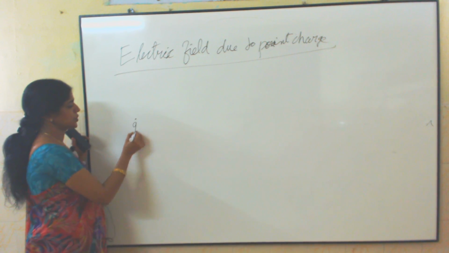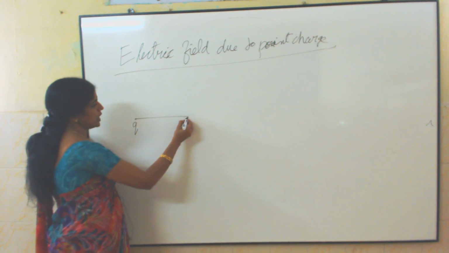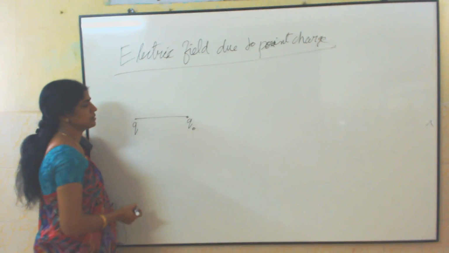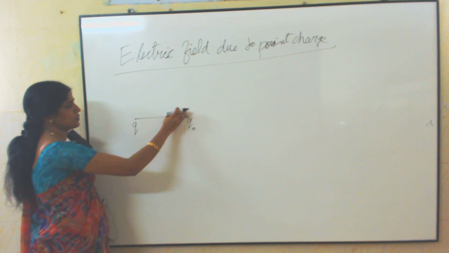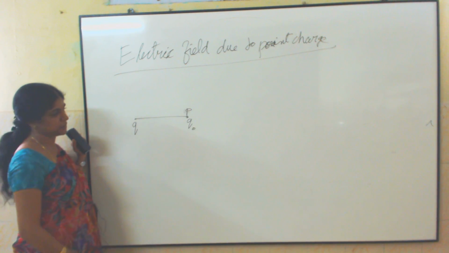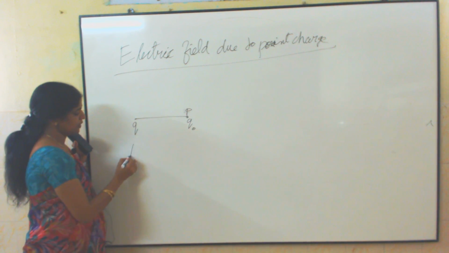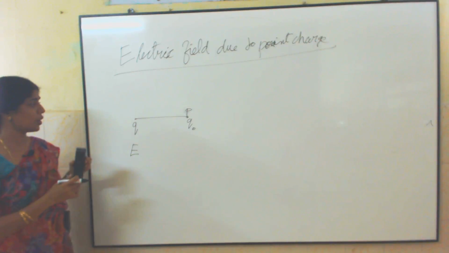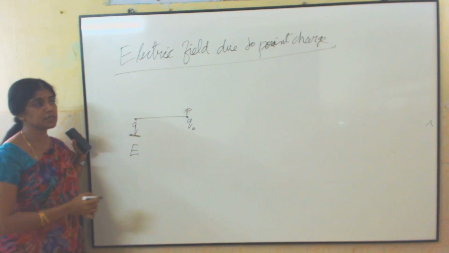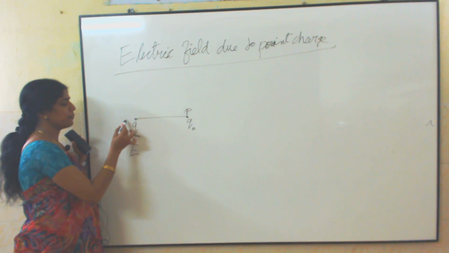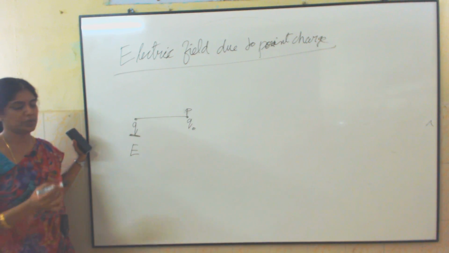There is a point charge Q. Here I have another charge Q naught. Let P be a point where the test charge is kept. Now, I want to find out due to this point charge Q, how will be this electric field if a point charge is placed at a point.